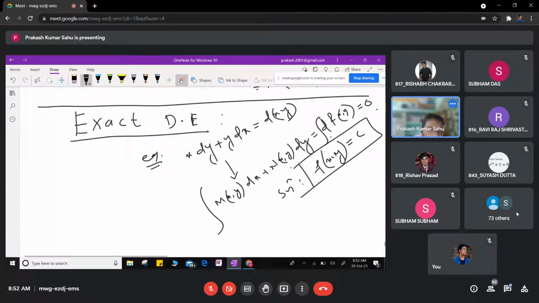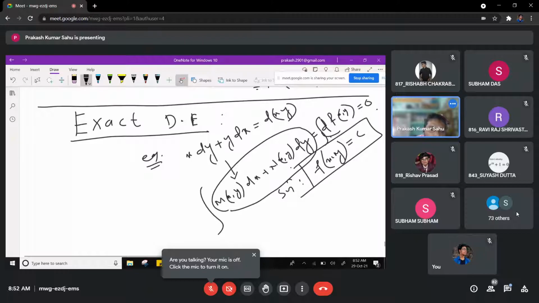This condition means if M dx plus N dy is equal to d of something, then we can say this differential equation is exact. The applicability is that if the differential equation is exact, then you can easily integrate it, and the solution will be that function f of xy equal to c.